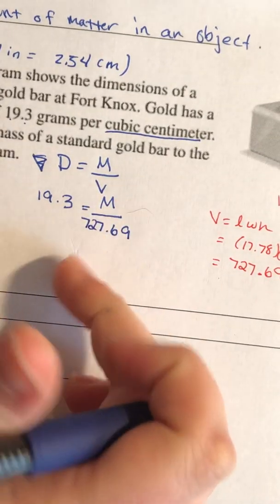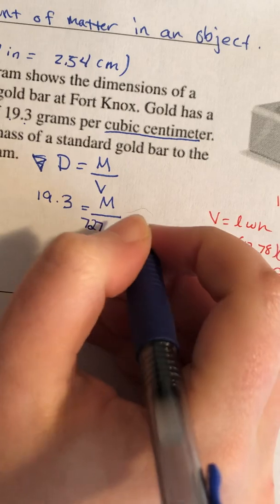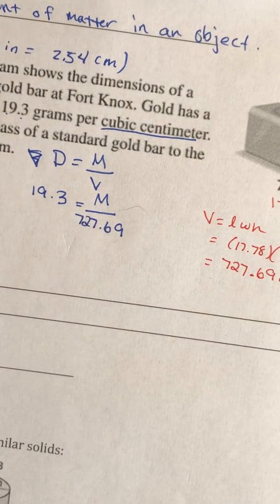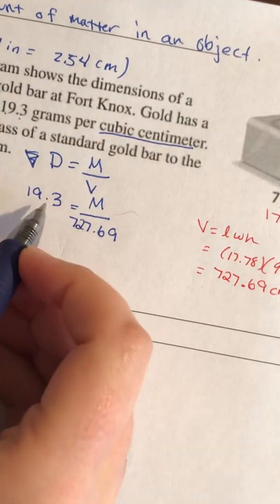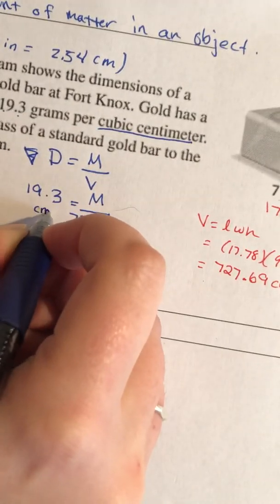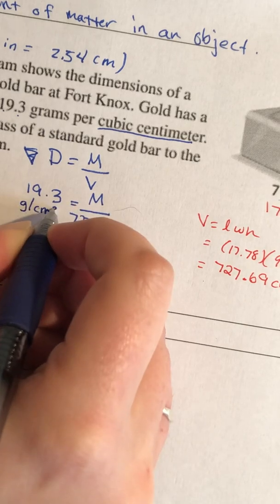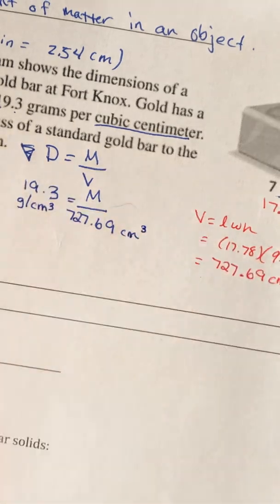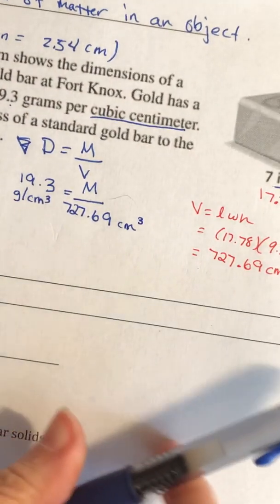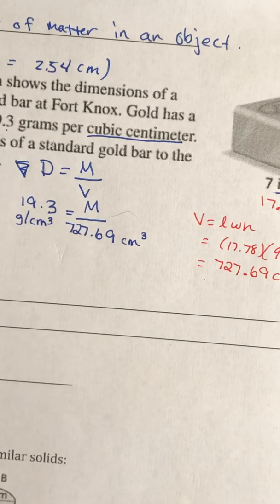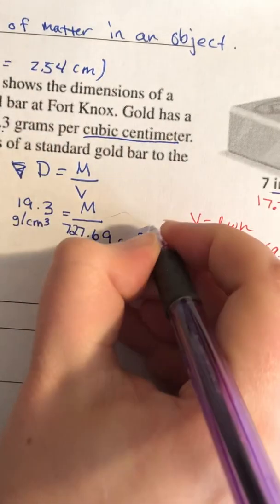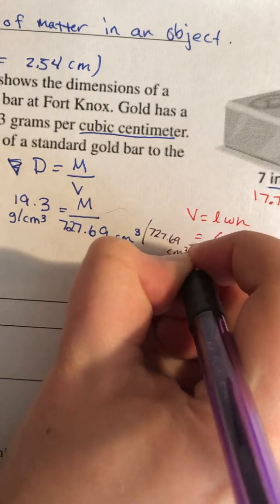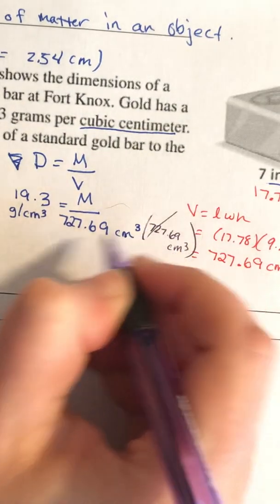So how would you get M alone? Well, we're actually going to multiply both sides. Now keep in mind, this is 19.3 grams per centimeter cubed. This is 727.69 centimeters cubed. So when I multiply both sides by 727.69 centimeters cubed, these cross out.